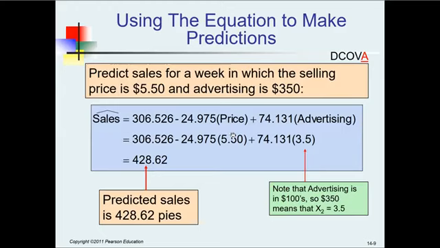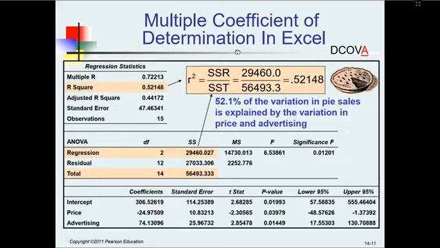So the coefficient of determination, what's the value? The coefficient of determination here is 0.52148. In terms of percentage, it is what? 52.1%, about 52.1%.